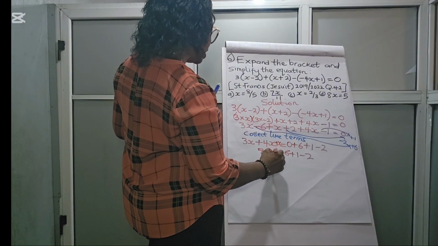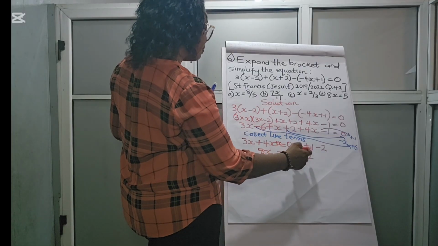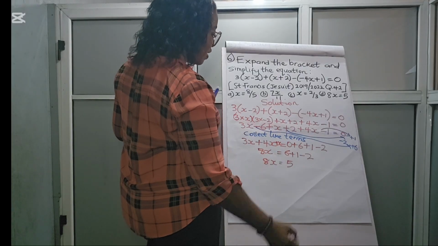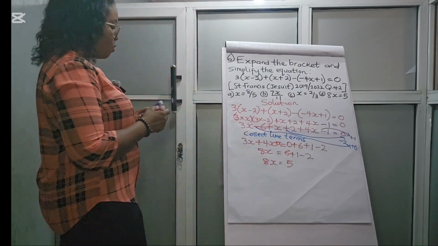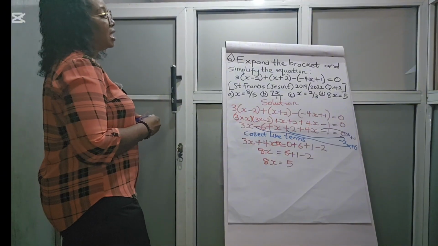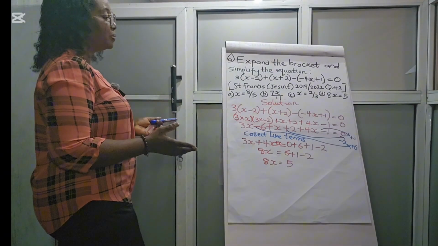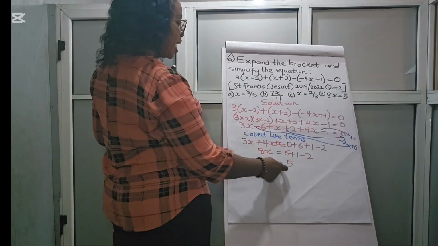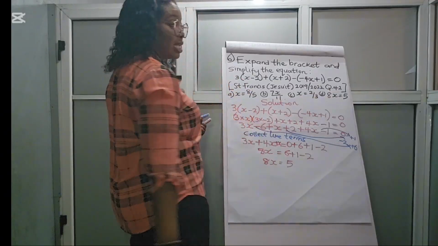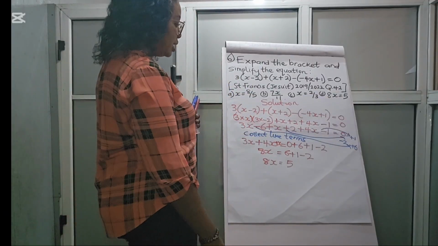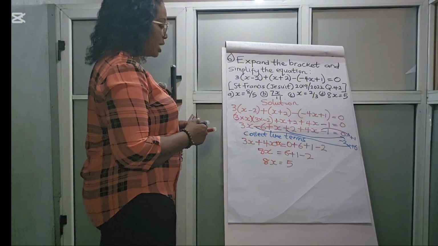So we have here 8x. 6 plus 1 is 7. 7 minus 2 is what? 5. The question says simplify the equation. So we have here 8x is equal to 5. And we can see that in option D. So that leaves us with our final answer.